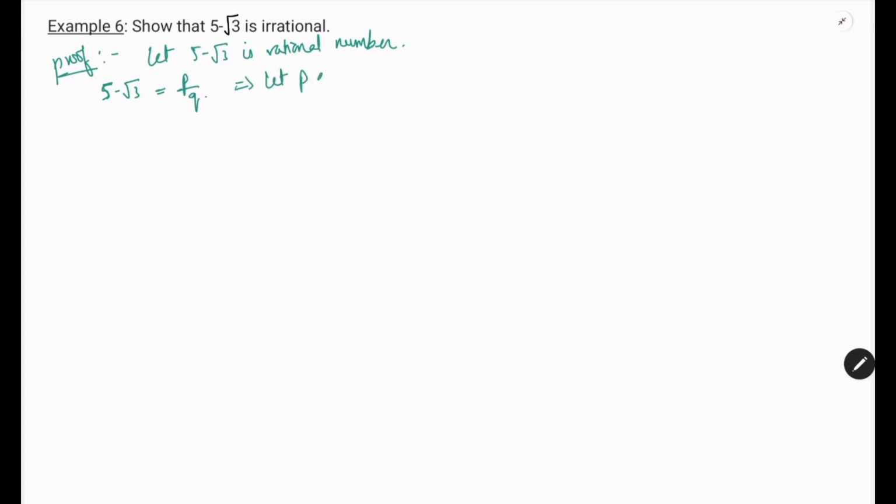Let p and q have common factors except 1, and divide p and q by the common factor.